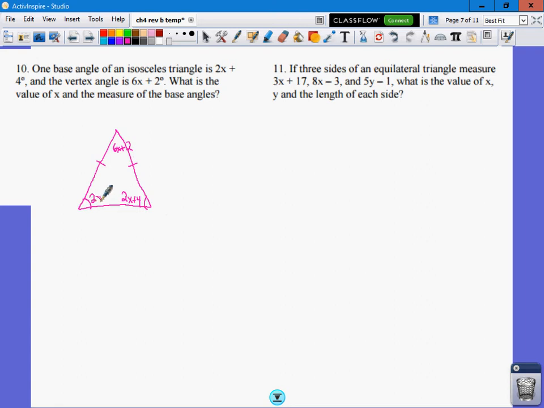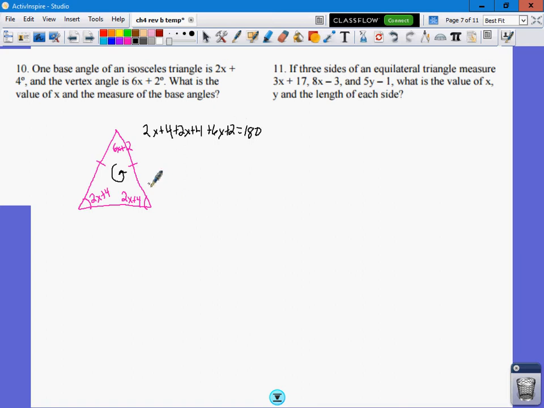So if one was 2x plus 4, the other is also 2x plus 4. Inside of a triangle, they always add up to 180 degrees. So I'm going to take the 2x plus 4 plus 2x plus 4 plus the 6x plus 2 and set it equal to 180 degrees.